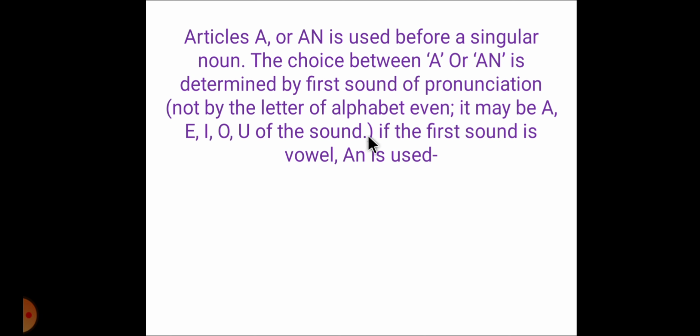If the first sound is a vowel, an is used. Dear students, we need to remember that in the indefinite article, where the word begins with a vowel sound, that is an. When a word begins with a consonant sound, we have to put a.